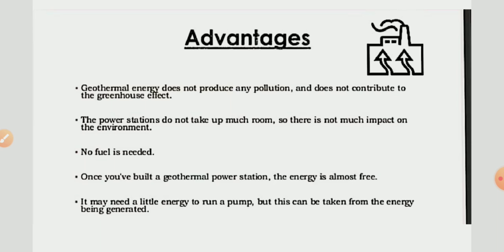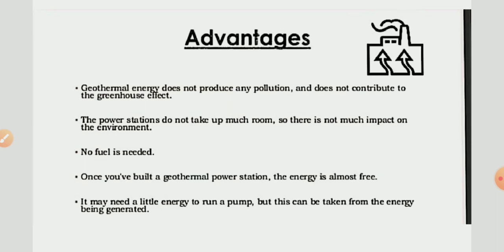The power station does not take up much room, so there is not much impact on the environment, and no fuel is needed for the geothermal power plant. Once you have built the geothermal power station, the energy is almost free. So it is a very cheap medium for the production of electricity.